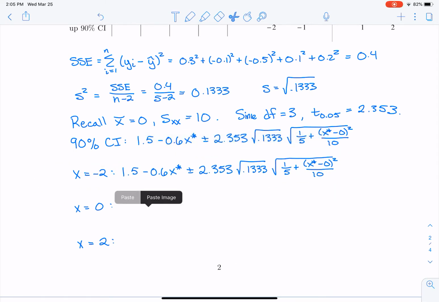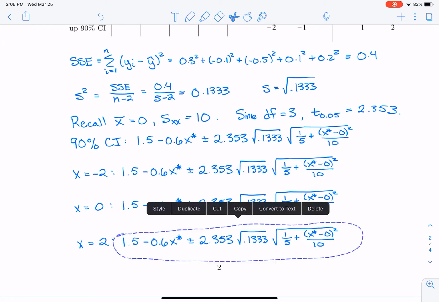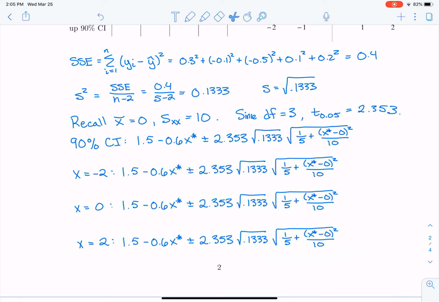I'm going to copy this formula 3 times. And then I'm going to plug in what x star is. So in this case, x star is -2. And when I run this formula, I get an interval, because I'm both adding and subtracting, of 2.03 to 3.37. And I encourage you to do that on your own.